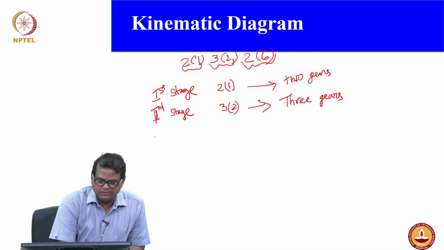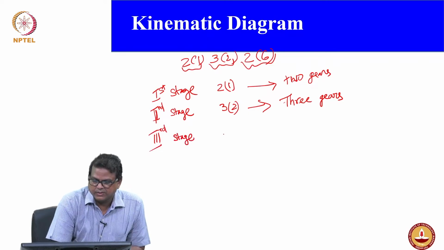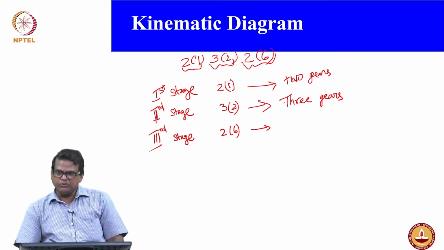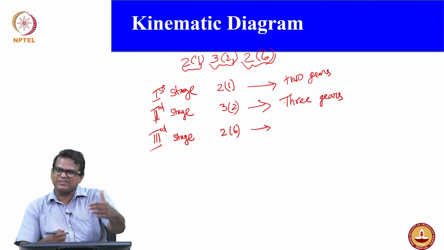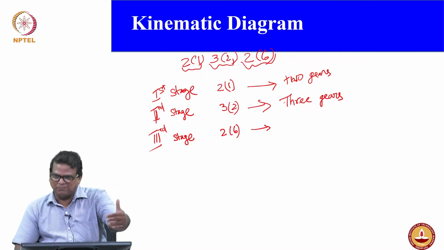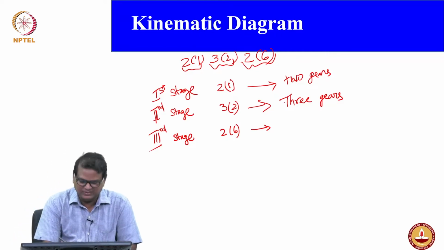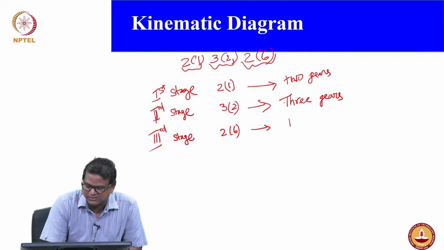The third stage is 2 of 6, isn't it? It indicates you have 6 input speeds and each input speed will give you 2 output speeds, and the 2 outputs should be placed 6 steps ratio apart. That was the information. Another piece of information: you need 2 gears.